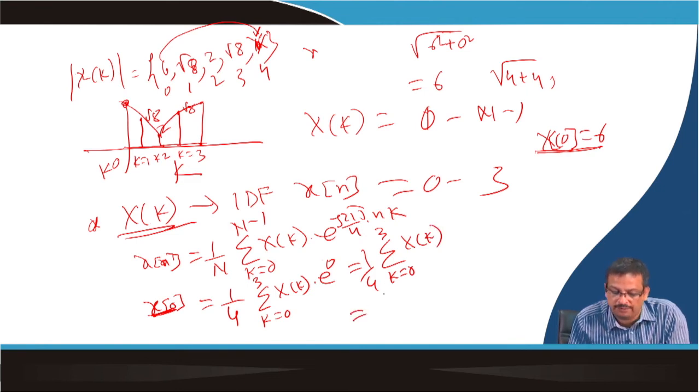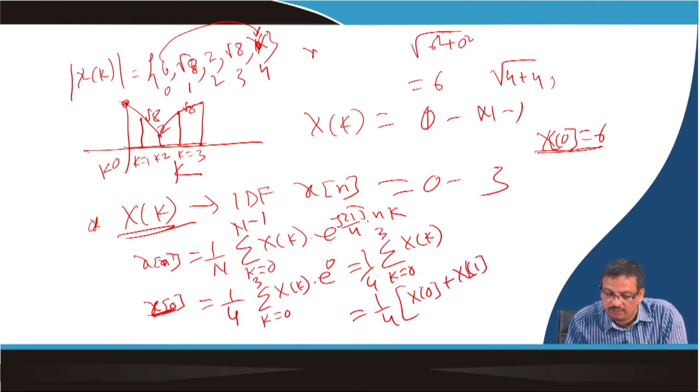So that is 1 by 4 times X of 0 plus X of 1 plus X of 2 plus X of 3.